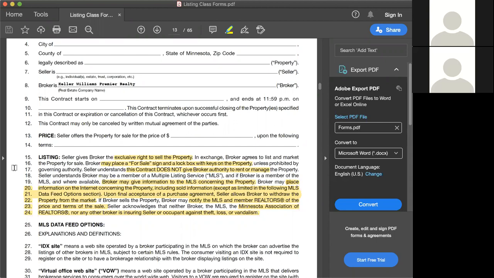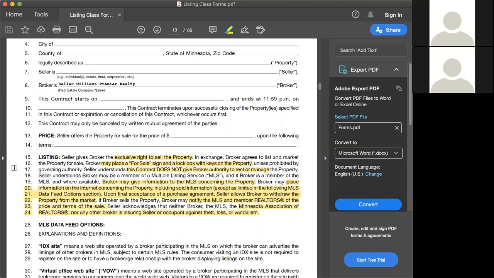Other important things, broker may give information to the MLS concerning the property. So the seller is acknowledging that. The seller also acknowledges that we're going to place information on the internet concerning the property unless they tell us not to, right? Which is part of what we're going to talk about next on this form. And upon final acceptance of a purchase agreement, they're allowing us to withdraw the property from the market, right?